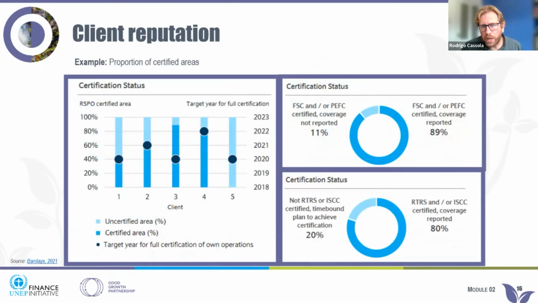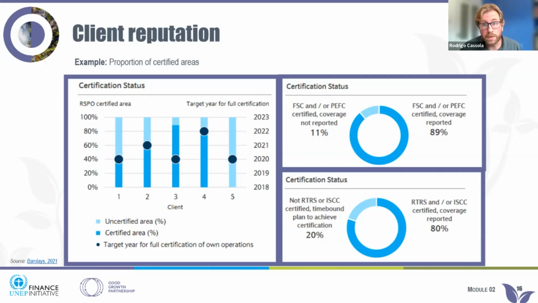Another approach that could be used to indicate your exposure to reputational risks would be to look at how your clients deal with sustainability certification schemes for forest risk commodities, assuming here that clients with a larger proportion of the sourcing or the production coming from certified areas are less exposed to reputational risks than others, because there will be a check by a third party.